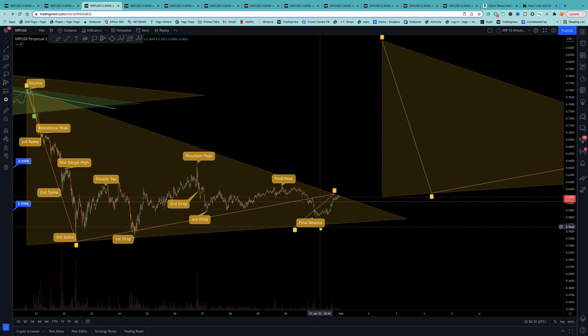Okay, so you're looking for a short, and you're then saying it turns around and it goes up. Is that right? You had a dollar cost in. You went short at Mountain Peak. You added your position at the final bounce, expecting that was the breakdown. It turned and it made the retrace.